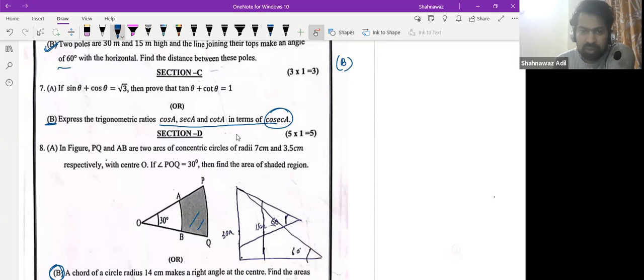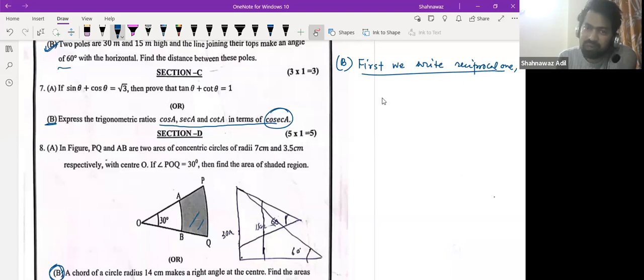In this question, they didn't give any value, right? So we have to write the other trigonometric ratios in terms of cosec. Do you remember, first we write the reciprocal one. That was the idea, right? What is the reciprocal of cosec A?